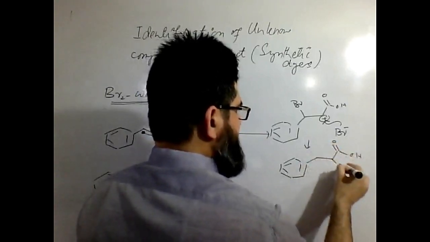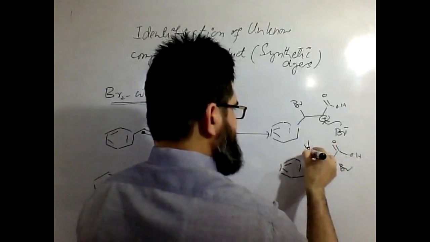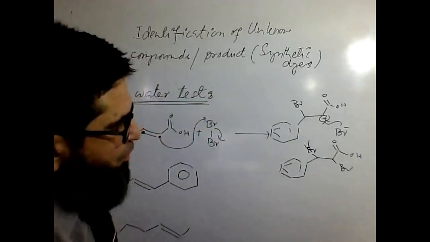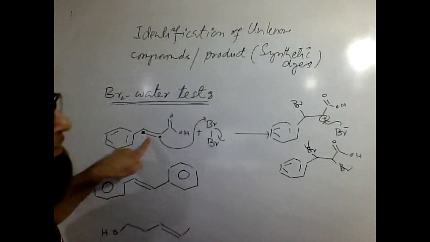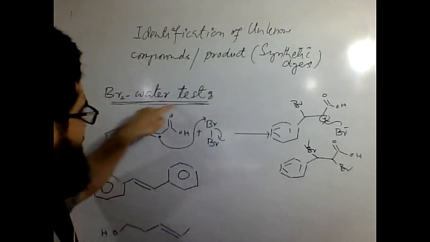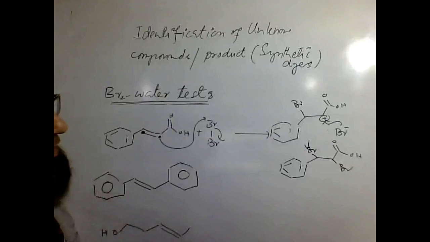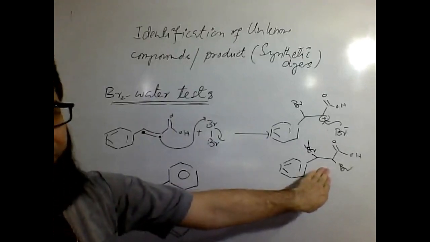So we will have two Brs. So the presence of double bond makes this molecule react with bromine water to give you the corresponding product.